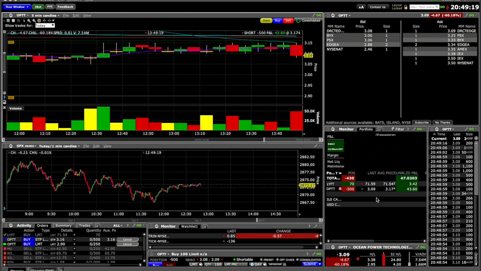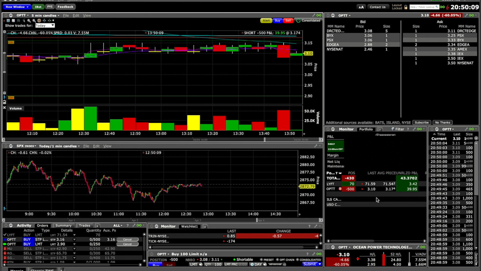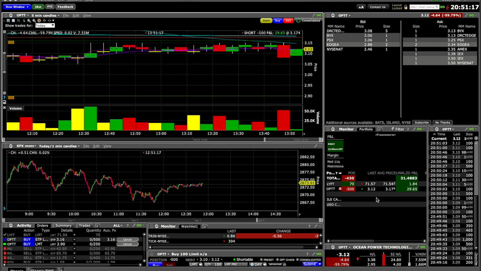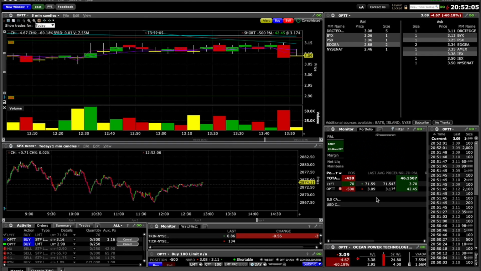If it's still going to keep that way the full day, I might take 300 shares out and keep 200 shares overnight. But that's one of the longest trades I've been in a while. It is what it is.